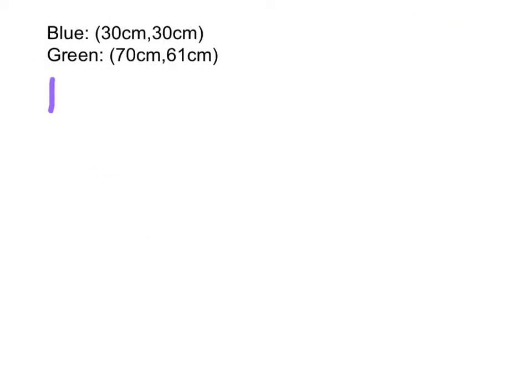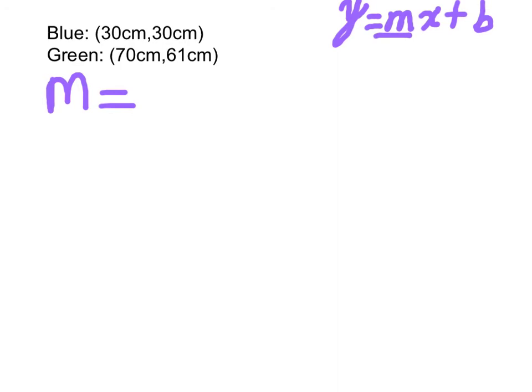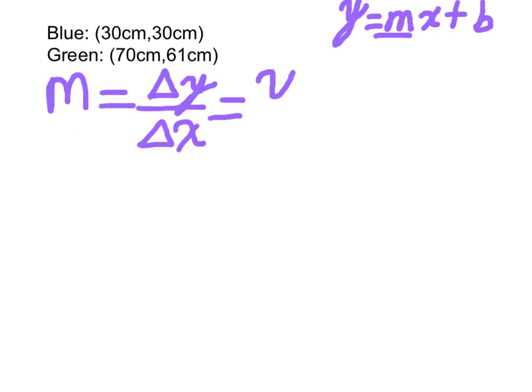In physics, we use the letter m to represent slope. In your math classes, you've probably seen the formula for a line, y equals mx plus b. That m was the slope. Slope is change in y over change in x. If on the last slide you were confused about those triangle-looking things, those are the Greek letter delta, and they mean change. So you would read what I have written on the screen, m equals change in y over change in x. To calculate the change in y, you pick 2 y points and subtract them from each other.